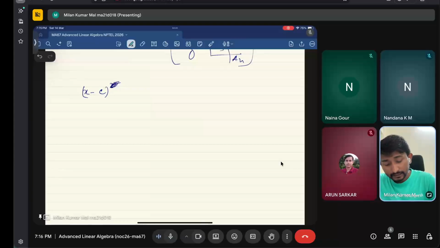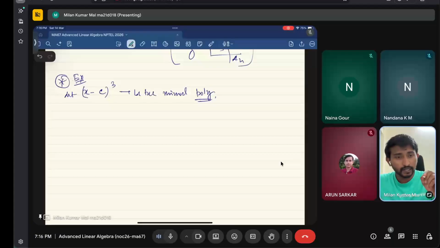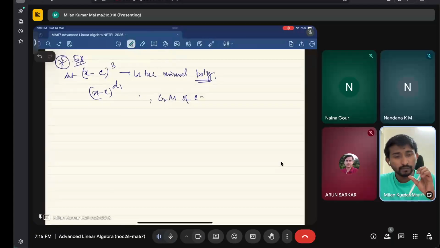Let's take the geometric multiplicity of C to be 3, and that means there will be 3 blocks. So D1 can be maximum 9. There is no other choice, because there are 3 blocks and the maximum block is of order 3. So C 1 0, C 1 0, 0 0 C. This is the first block. Geometric multiplicity is 3.